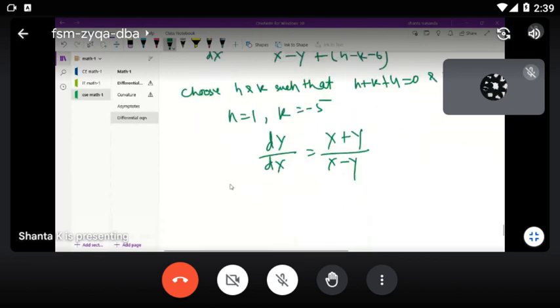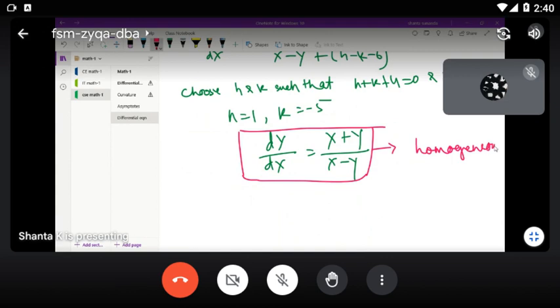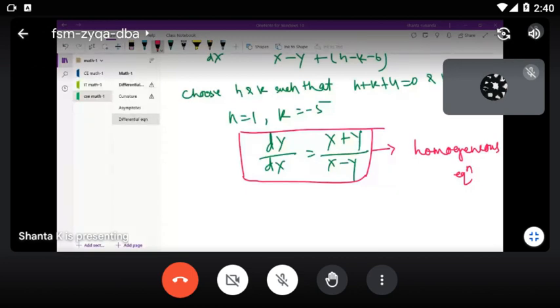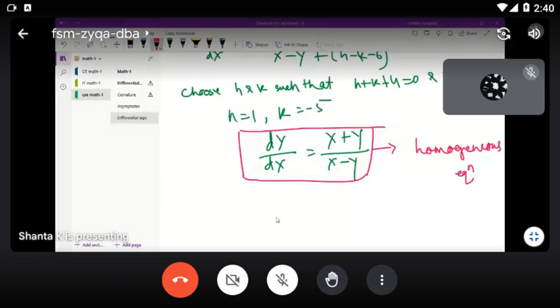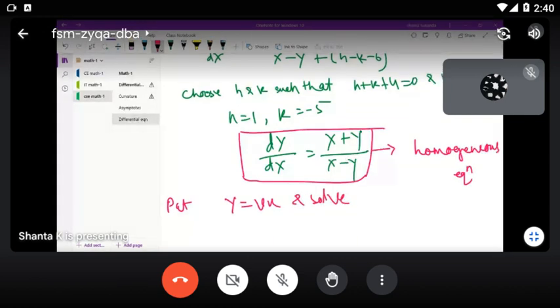You substitute Y equals vX and solve this one. So solve it, and what is your answer?